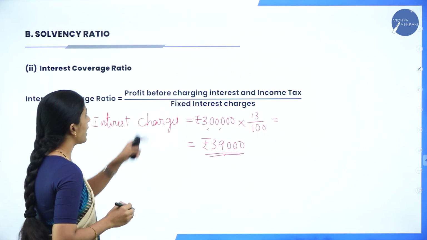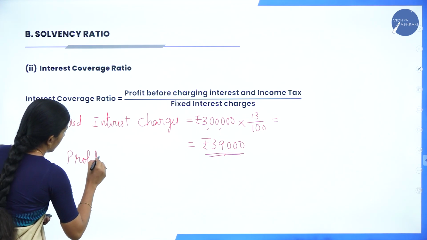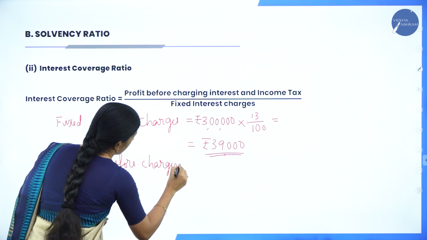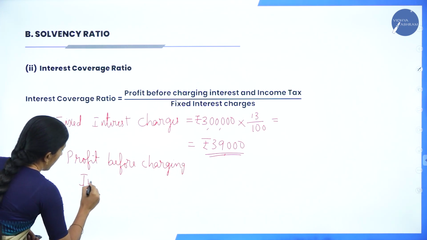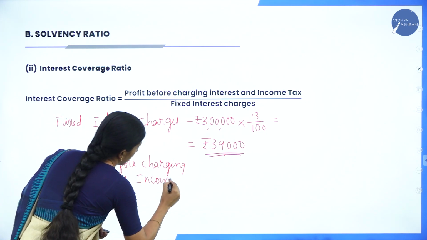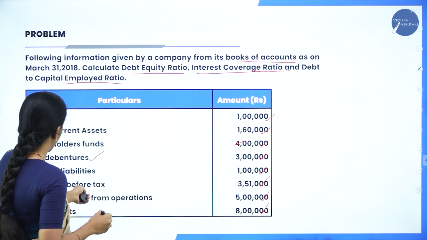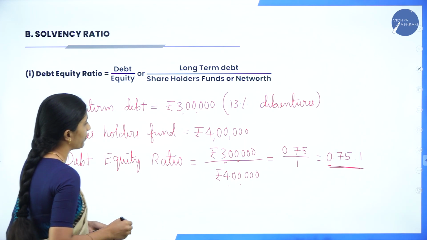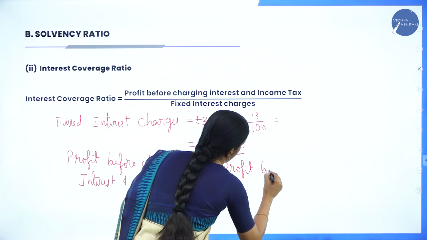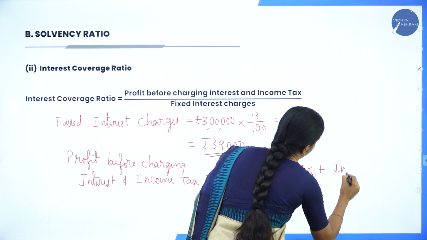Now, you have to charge this profit before charging interest and income tax. So profit before charging interest and income tax is equal to, so they have given profit before tax. So profit before tax is 3,51,000, plus interest.